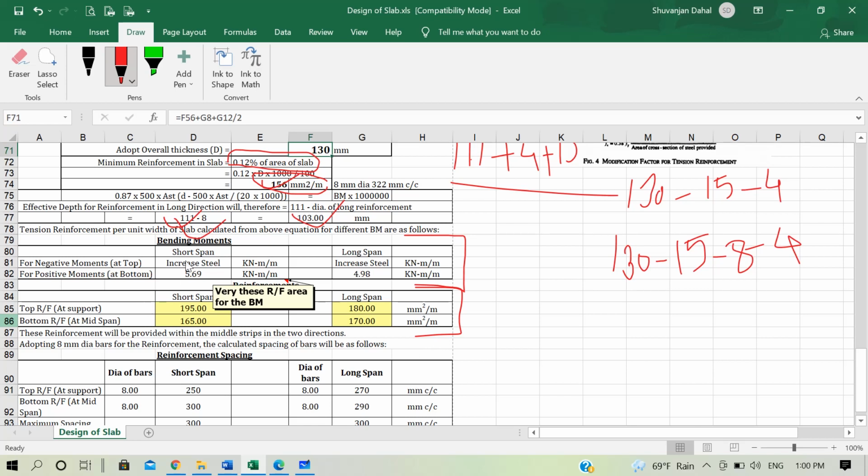What formula we have linked here is that you have to change the amount of steel in short span and long span, and based on that amount of steel, a formula is used to calculate the moments in long span and short span.